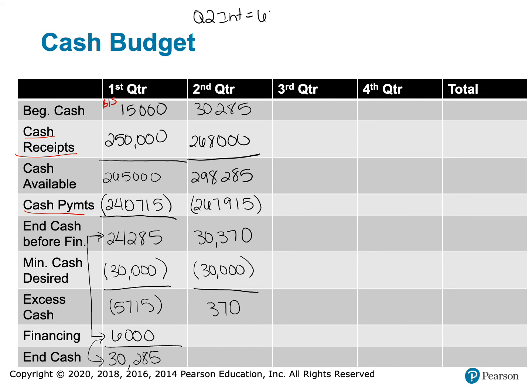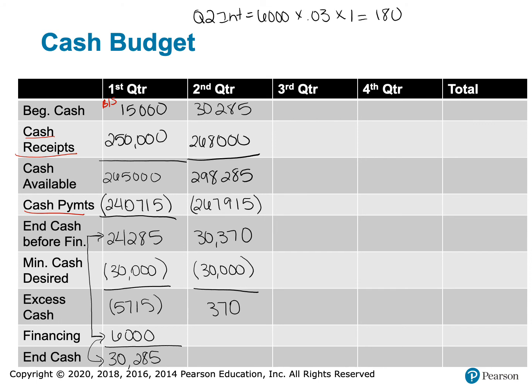So my principal was 6,000. My interest rate is 3% per quarter, and since my interest rate is quarterly, I can use time in terms of a quarter. So only one quarter has passed since I borrowed this money. So that means the interest that I owe thus far is $180.